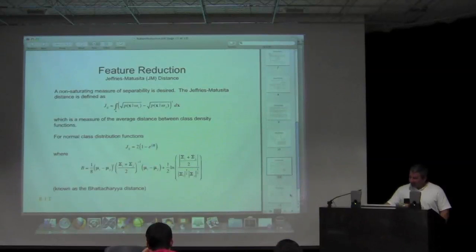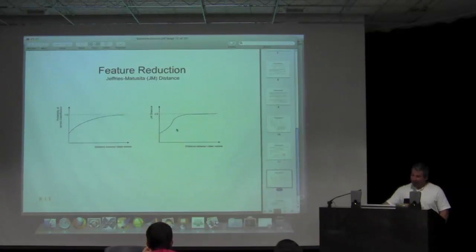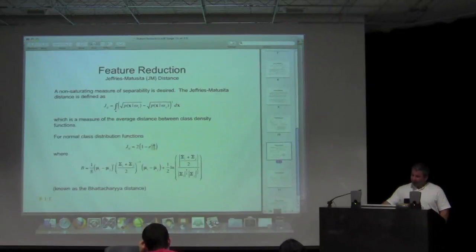So, if I plot just conceptually what's going to happen here, JM distance, if you look at this, 1 minus e to the negative B. What happens is as B gets large, this term goes to 0, and the JM distance in this case approaches 2.